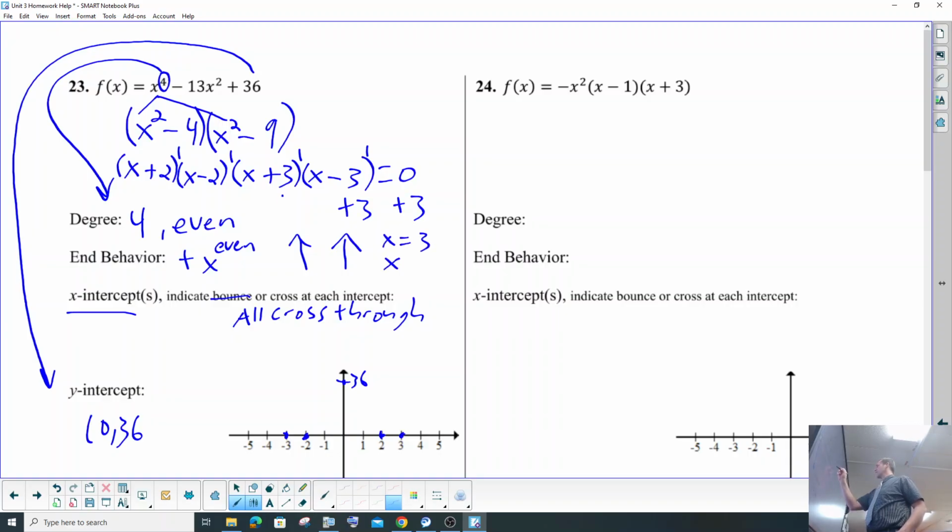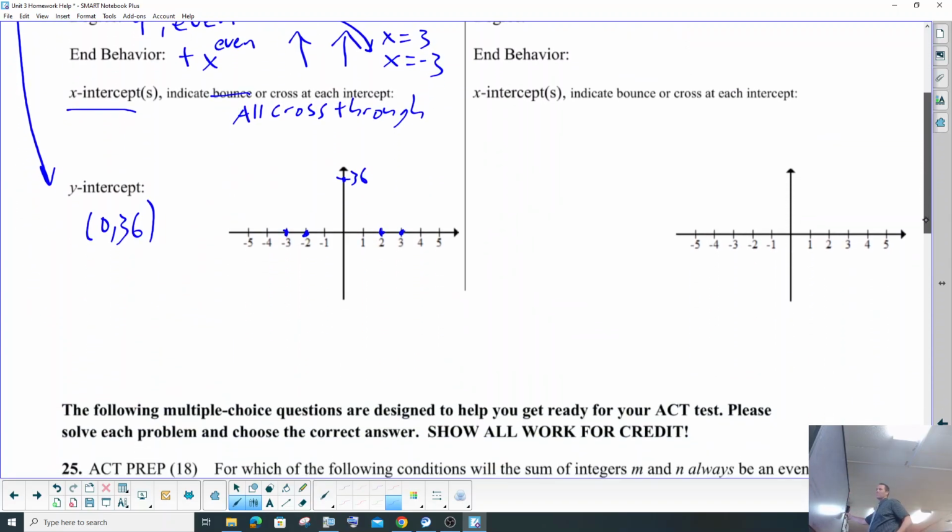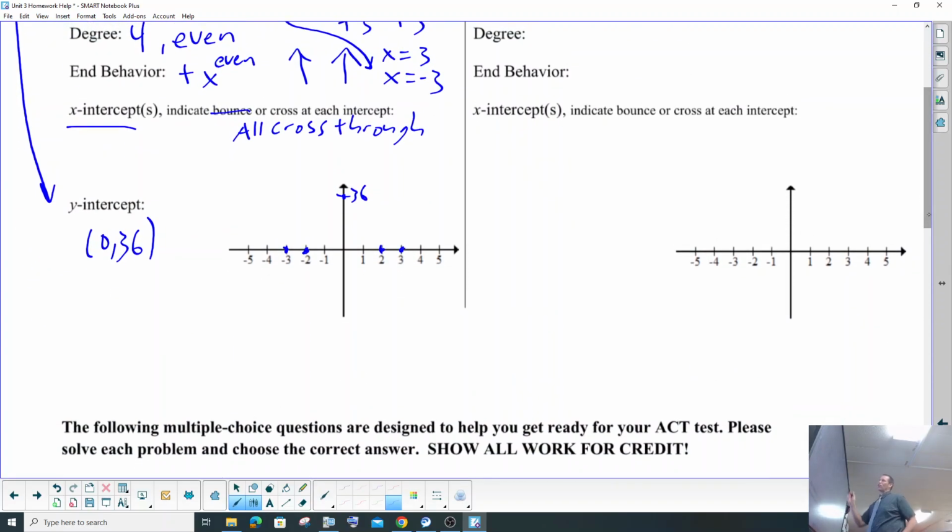So I just set them all equal to 0, added 3 to the other side, and so we get a +3. And don't forget this one is the opposite sign, it's a -3, and then this one is a +2, and this one is a -2, right? Okay, let's do this. Now use the end behavior to help us as well as the y-intercept.